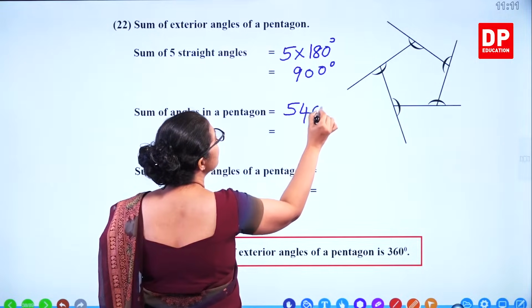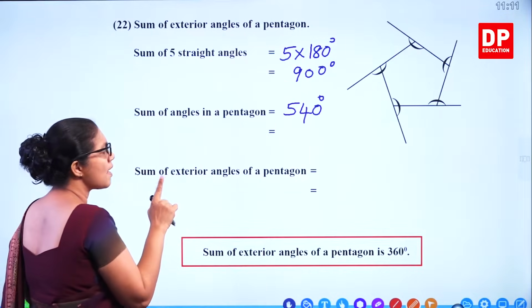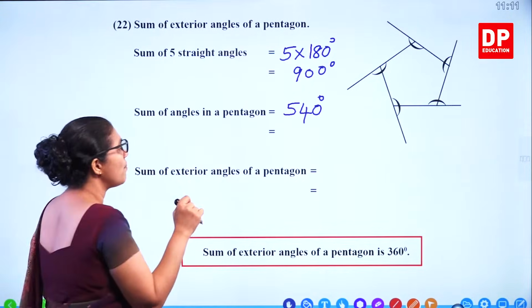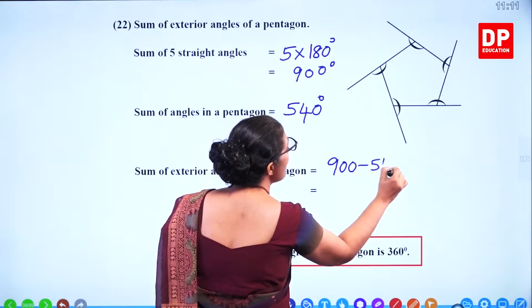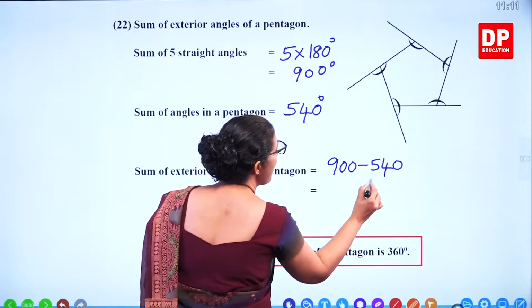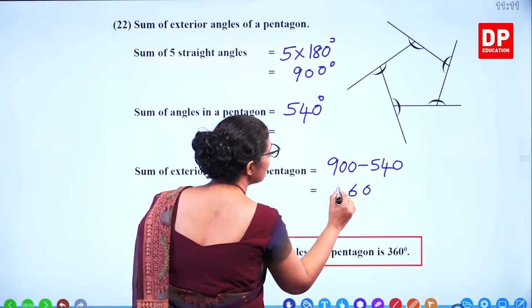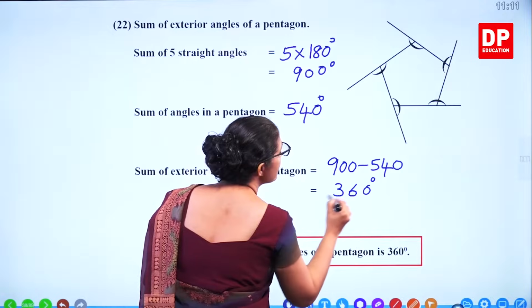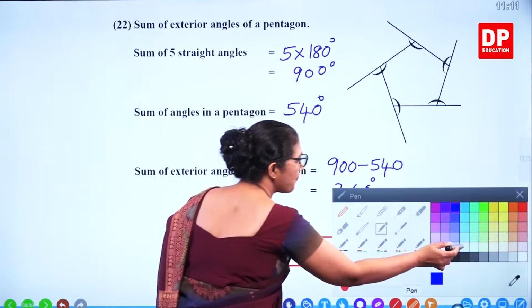Now we subtract to get the sum of exterior angles of a pentagon. So 900 minus 540, 360 degrees.